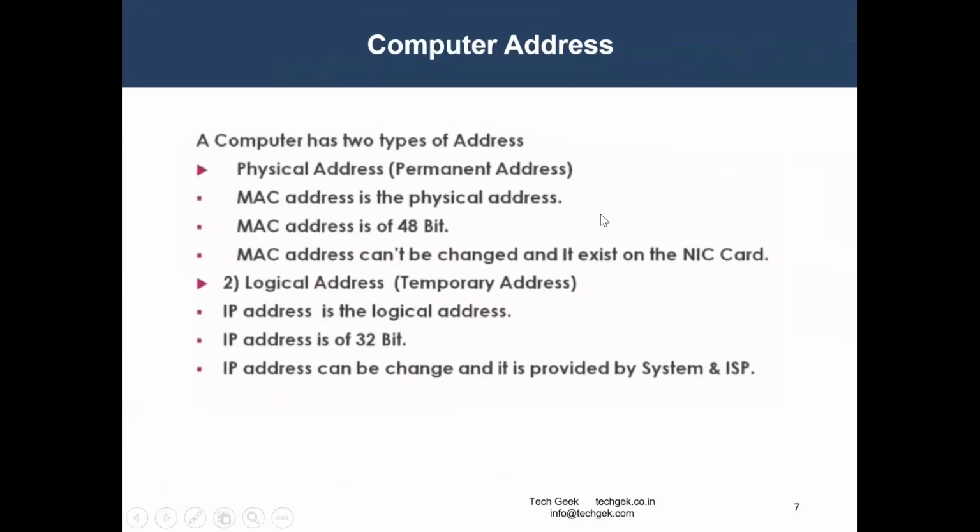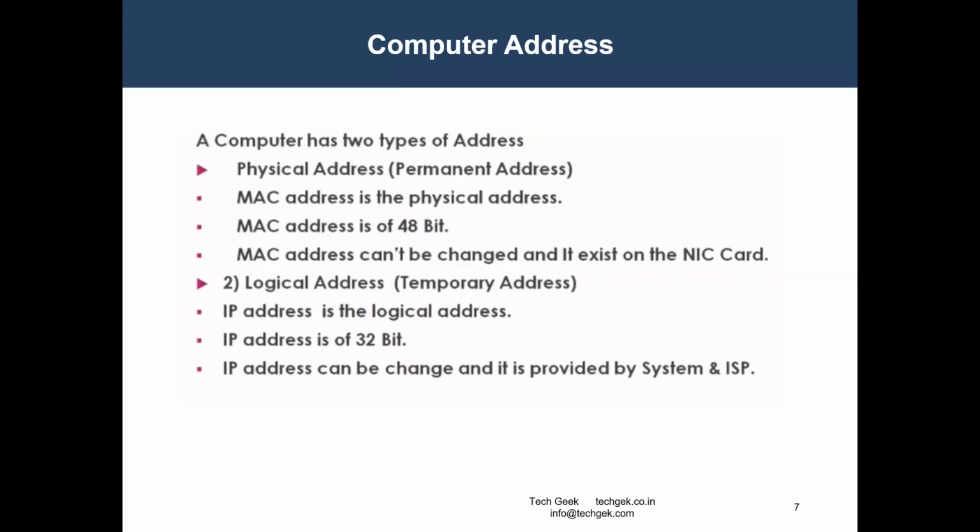Now, computer addresses are very important while we are getting connected. A computer has two types of addresses: the physical address and the logical address. The physical address is considered a permanent address. The MAC address is called a physical address, which is 6 bytes or 48 bits. 1 byte is equal to 8 bits.